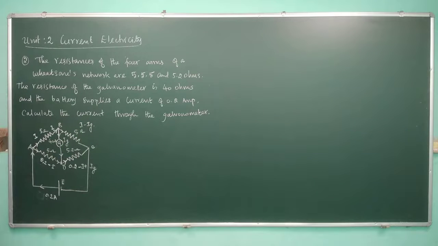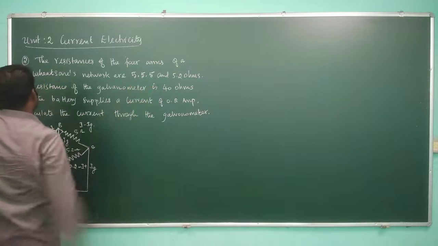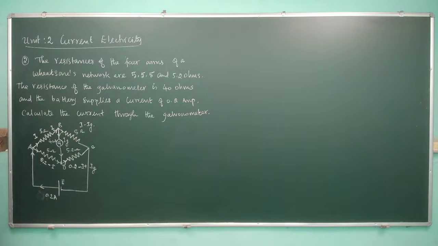Let me repeat. The Wheatstone bridge consists of four resistors with values 5 ohms, 5 ohms, 5 ohms and 5.2 ohms, and the resistance of the galvanometer is 40 ohms. A battery supplies a current of 0.2 ampere.